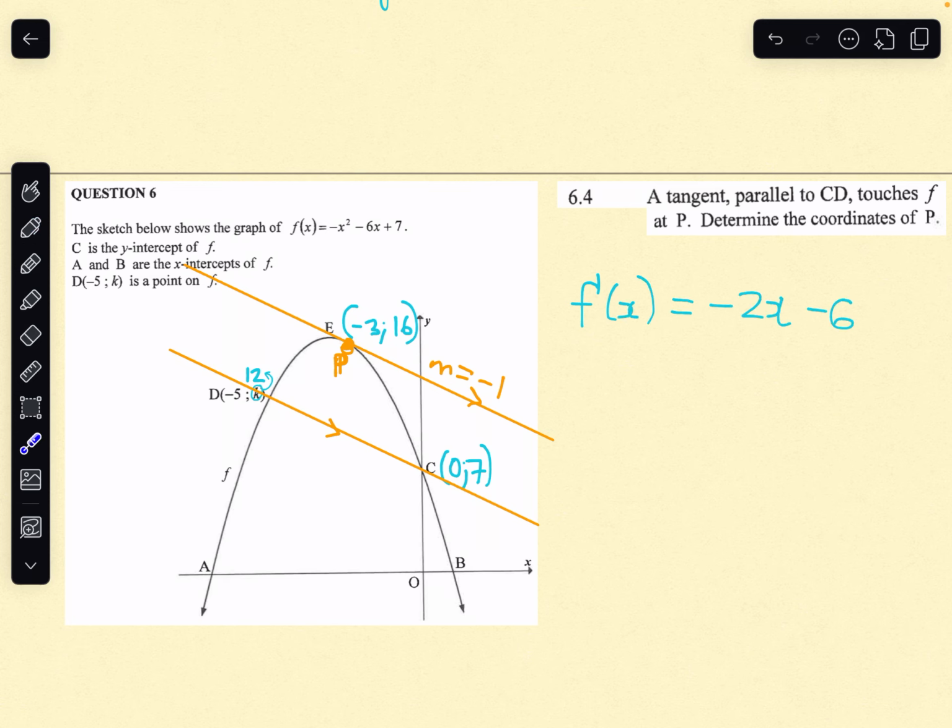I just worked it out again. So we are looking for the value of x where this gradient is equal to -1. So minus 2x is equal to -1 plus 6, which is 5. And so x would be equal to -5 over 2, -2.5.